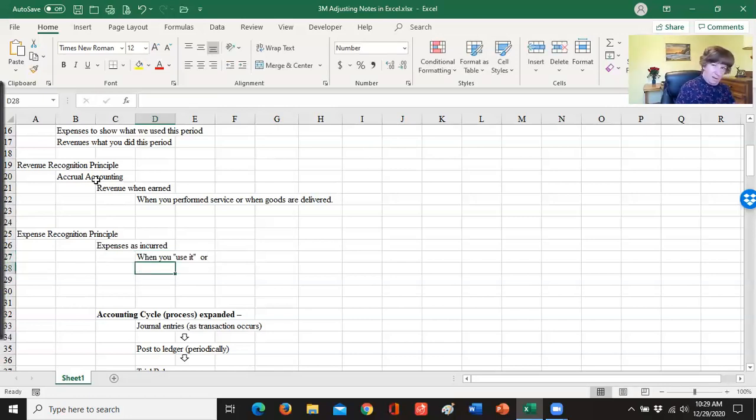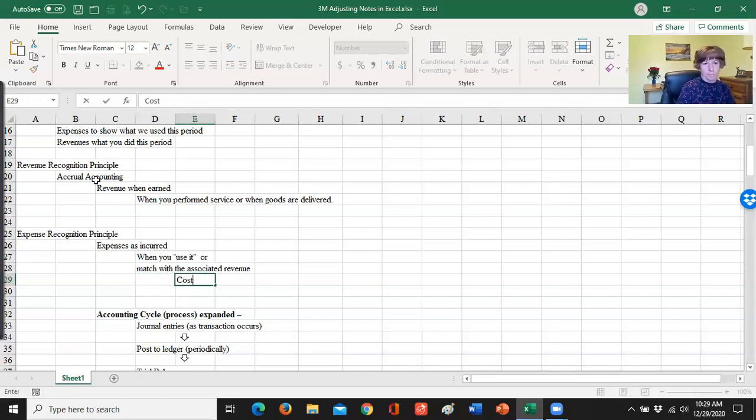Some things are a little kind of hard to see that you've used it. You can match with the associated revenue. If I have revenue, I want the expenses below here to be in the same period as the revenue associated with those. The easiest thing to understand on that side would be like cost of goods sold.